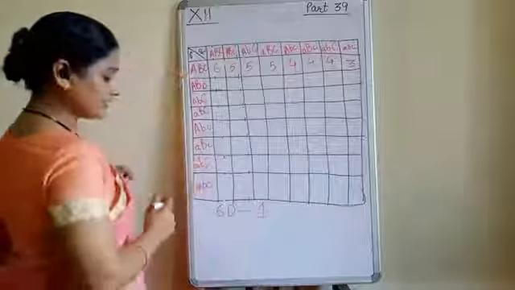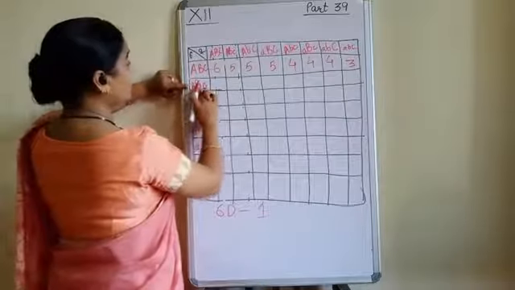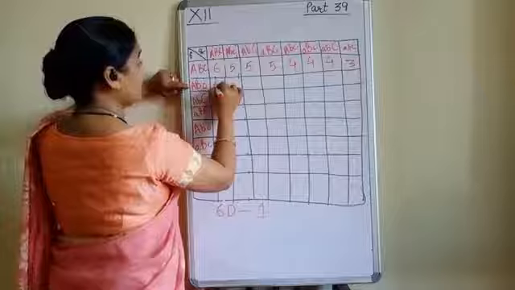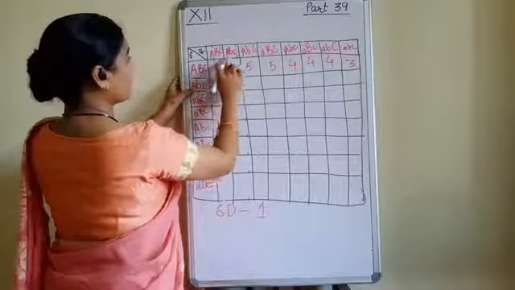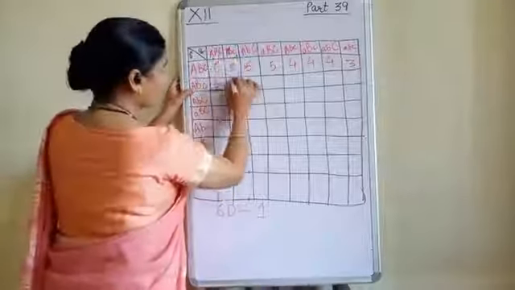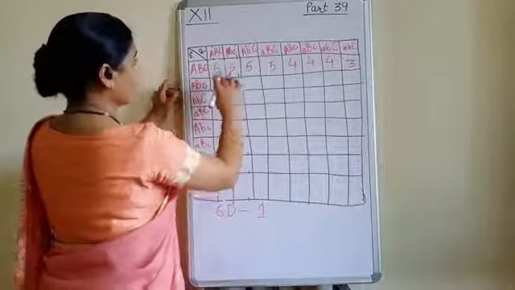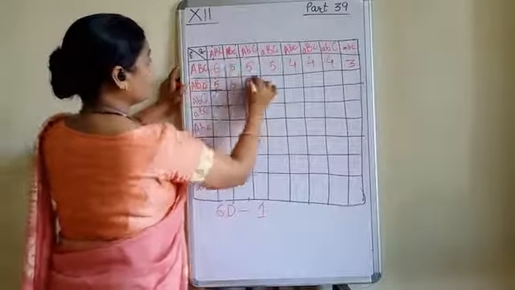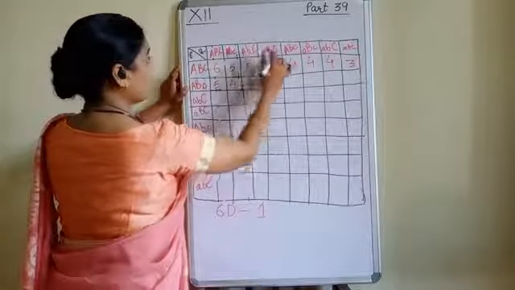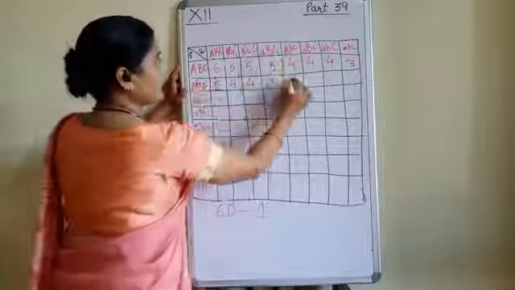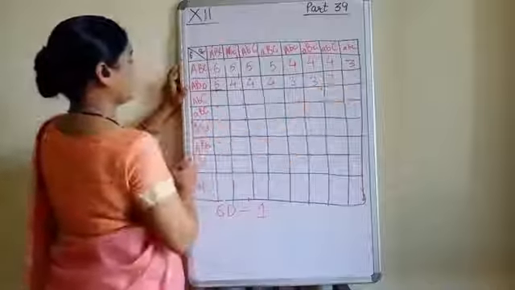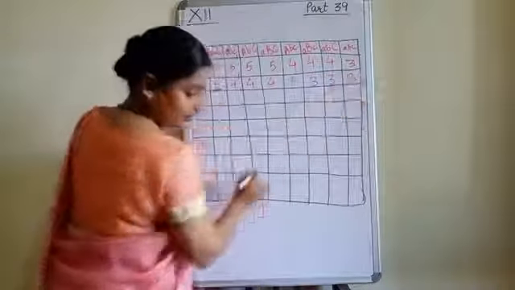Come to the next. Here also we will get 1, 2, 3, 4, 5 dominant. 1, 2, 3, 4. Okay. Now 1, 2, 3, 4. 1, 2, 3, 4. 1, 2 and 1 this. 3, 3 and 3 and here I will get 2.